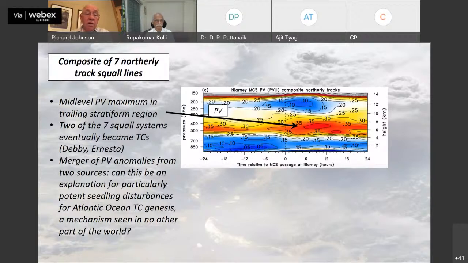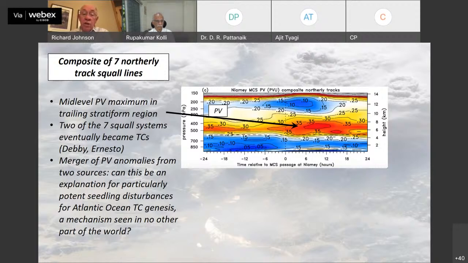So to summarize, we have a composite that shows that if we look at the composite PV structure, we see an enhanced PV behind these squall systems. And by the way, two of these squalls became tropical cyclones, Debbie and Ernesto. It's the merger of the PV anomalies from two sources, one associated with the melting that extends this PV anomaly a little bit lower down, and the other from the Saharan heat low, an area that has the PV increase at a higher level.